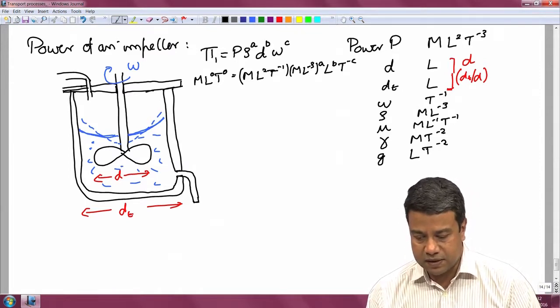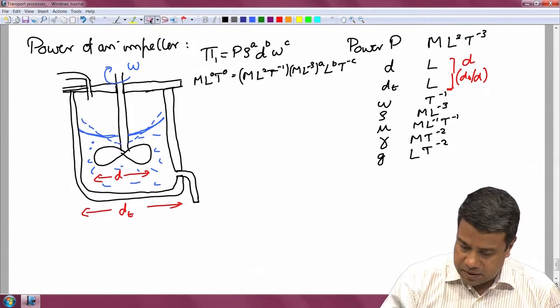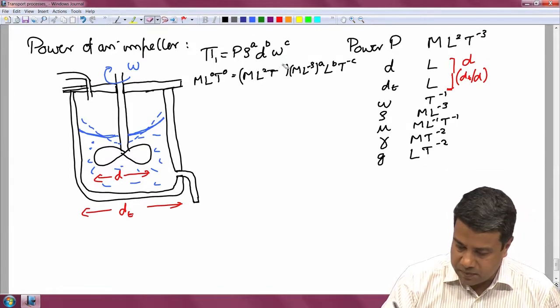So, that is power C. There is a mistake in the power that I have used, it should be minus 3.